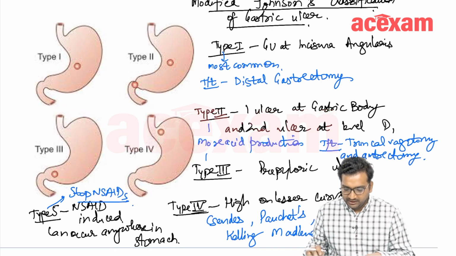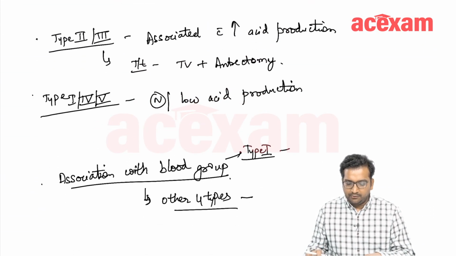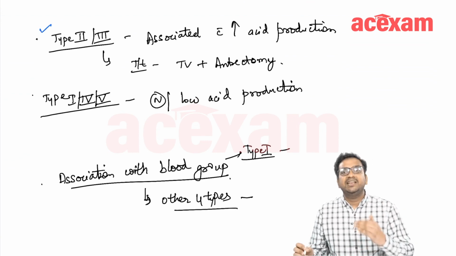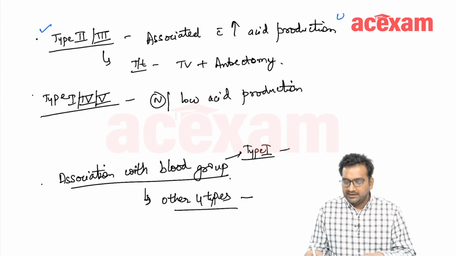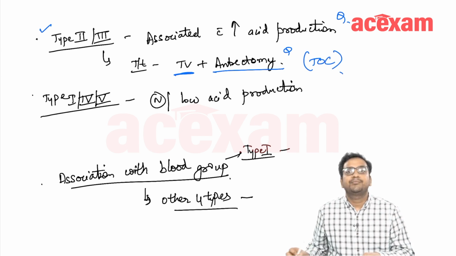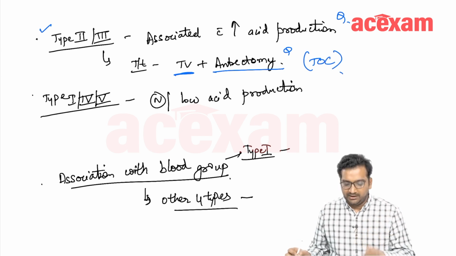Now some more points regarding the gastric ulcer. I have already told you that type 2 and type 3 are associated with increased acid production. That is why vagotomy is indicated in type 2 and type 3 only, and the treatment of choice is truncal vagotomy and antrectomy, for both type 2 and type 3.